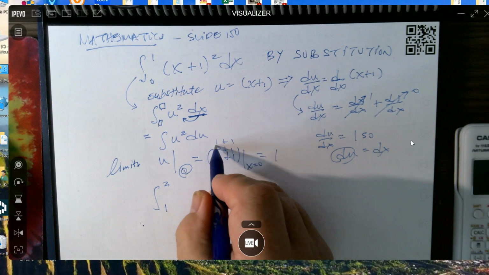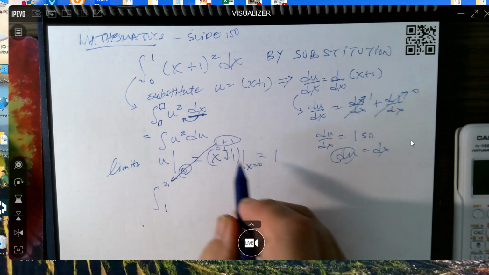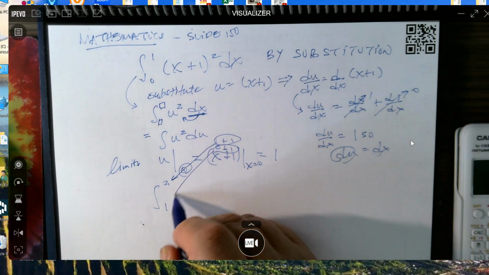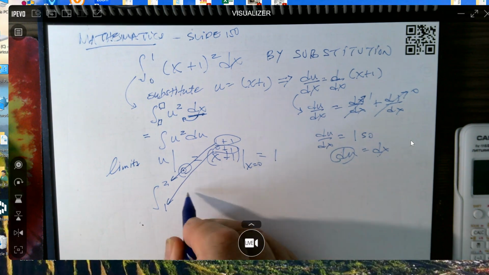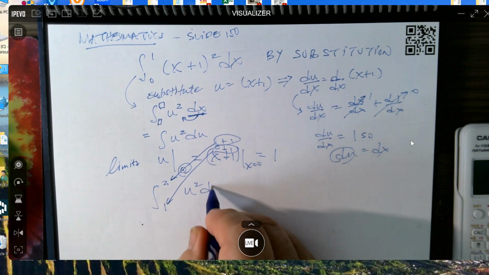So this sets up these limits, and we still have the u squared du.